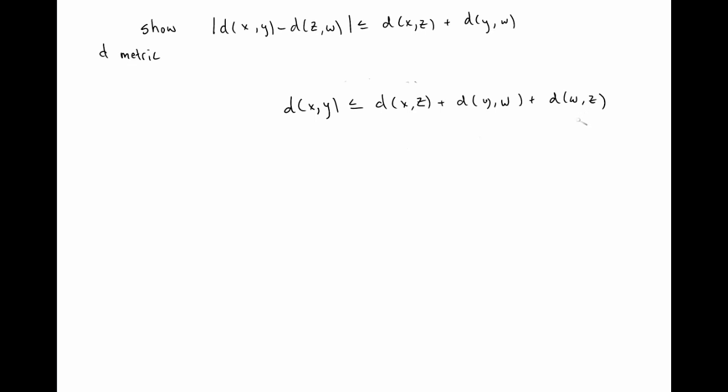All I want to do is have d(x,y) less than or equal to this sum, right? So I can put as many terms between these as possible. So I can put d(x,z), and then I can put d(z,w), d(w,y), right?